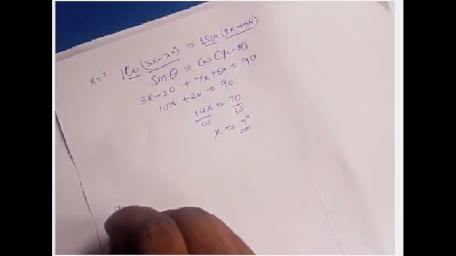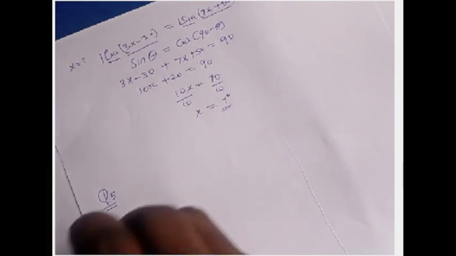Question 5 reads, the length of an arc of a circle is a fifth of its circumference. If the area of the circle is 346.5, find the angle subtended by the arc at the center of the circle, and the area of the sector enclosed by the arc.